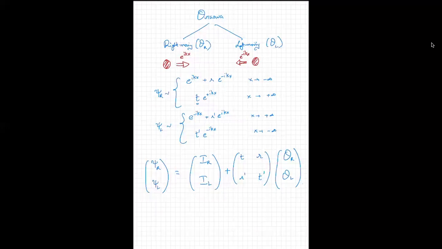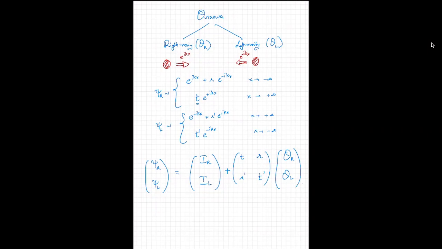If you write IR as e to the ikx and OR as e to the ikx, you will again get the exact same equation as above. But the essential difference between the matrix that you see and the two wave functions that you see above is that one makes a distinction between the two e to the ikx's.